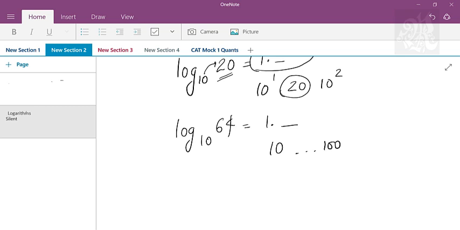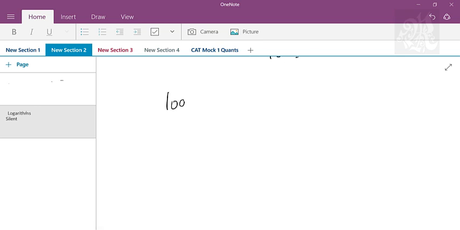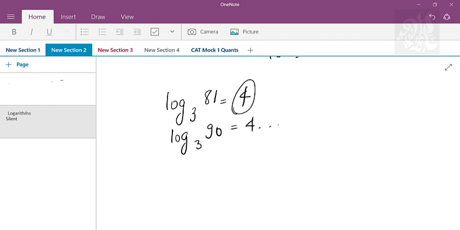Now let's say I ask you a question: log of 81 to the base 3. You'll say it's 4. But if I ask you log of 90 to the base 3, it is going to be a little above 4. This 4 point something has a lot of interpretations.